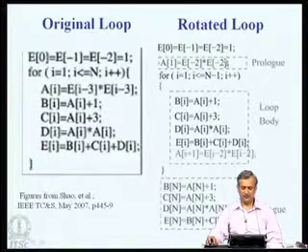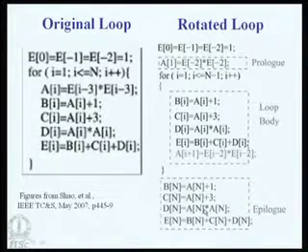And then there is a prologue of some size, and then there is an epilogue for the rest of the instructions in the last iteration. Because we have already executed one instruction in the last iteration, the rest of them have to be executed outside the loop. So, this is rotation of the loop by 1, because this instruction has come to the bottom. Suppose we rotate the loop twice, then this instruction will also go up. We start with this instruction, and B would actually be placed after A, and there would be appropriate epilogue here. So, this is the rotation of a loop.